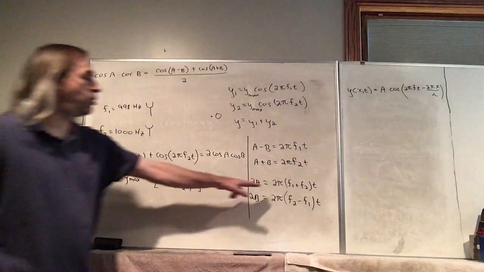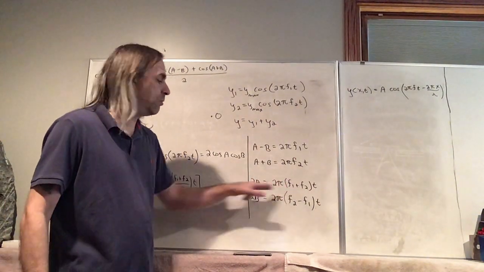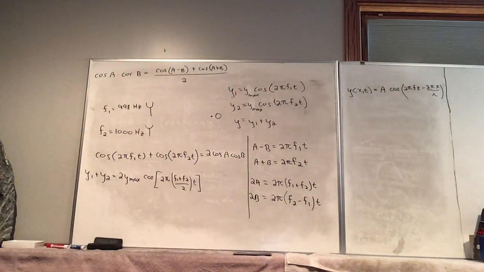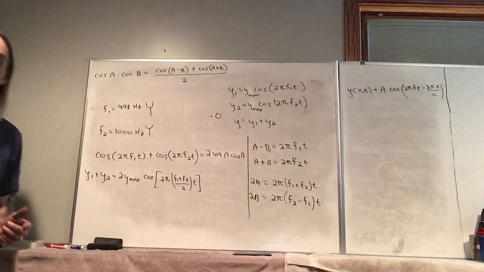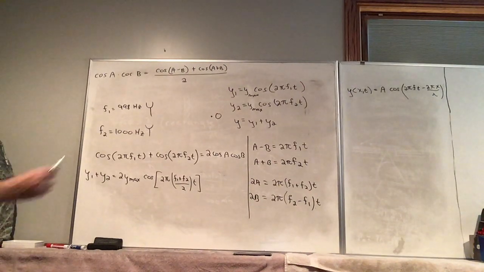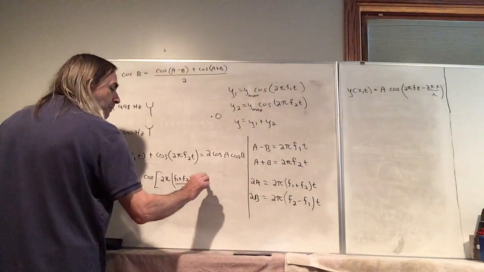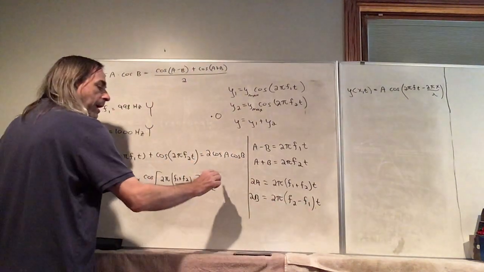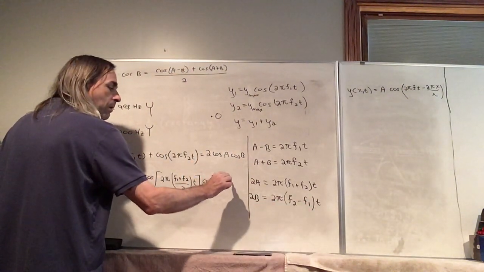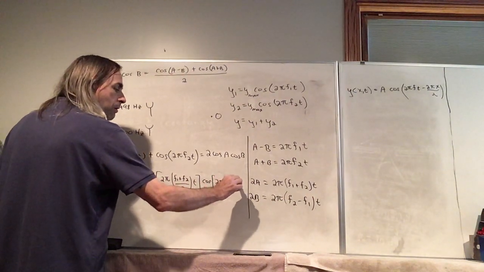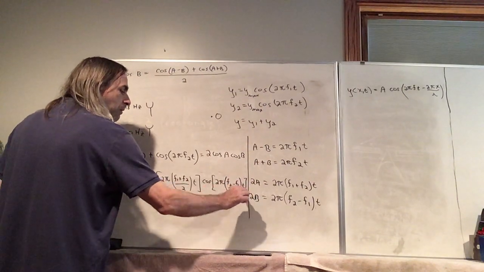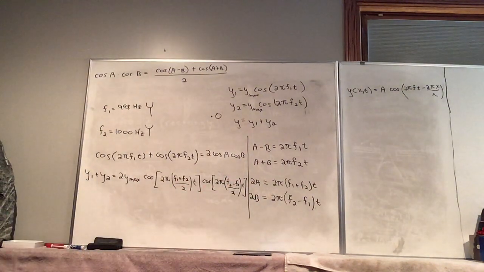So A is 2 pi f1 plus f2, I put the divided by 2 on that term, times t. Now, we could cancel out these 2's, but we don't want to. And then we have cosine B. We're going to do the same thing, divide by 2, but put it under there. I barely managed to fit it on here. But this is the result that we wanted.